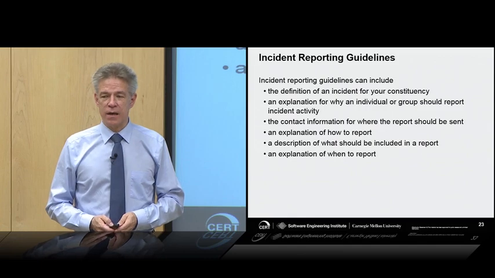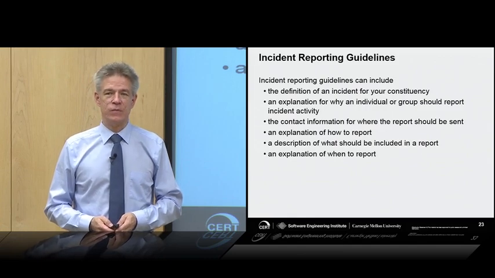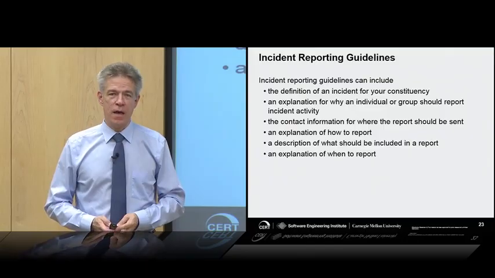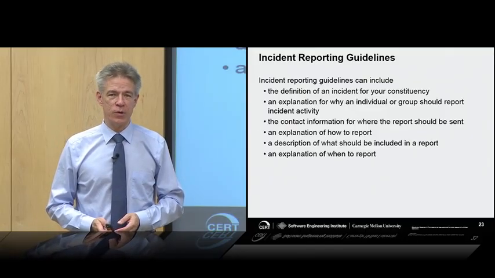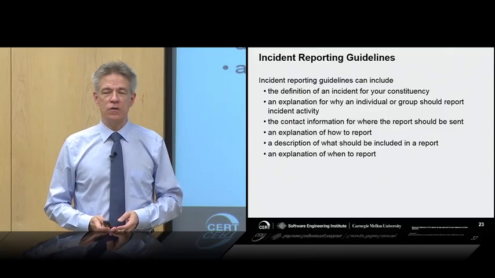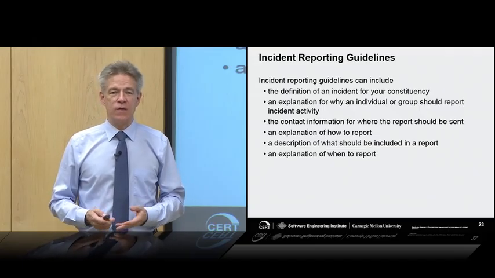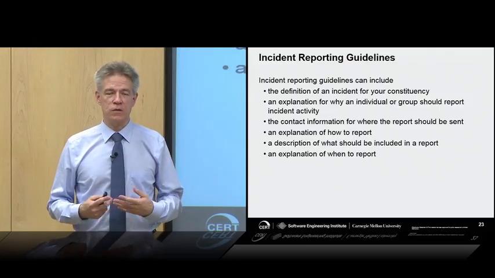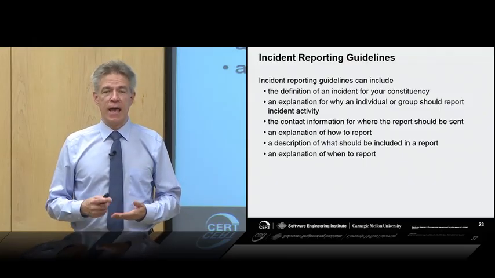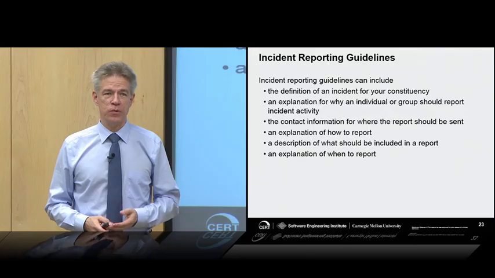Other types of activity, such as nuisance or spam, junk email, unless it has some security-related component, like maybe it's a phishing attack, you may not be interested in having these types of reports. So identify and let your constituents know what you expect them to report to you, and then how and when and why to report that.